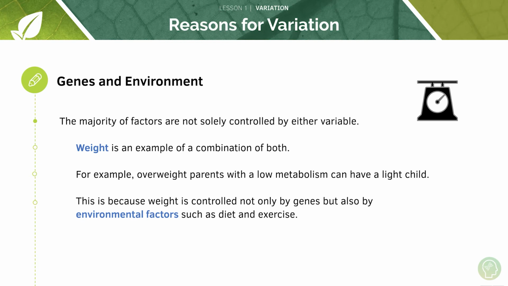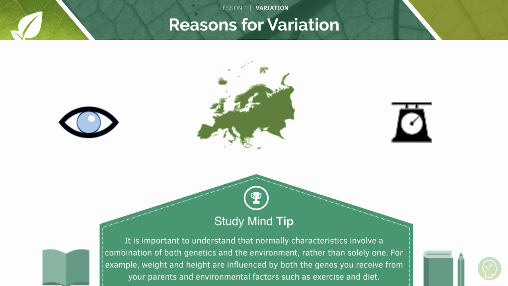So this is because weight is controlled not only by genes but also by environmental factors, diet and exercise. So it's important to understand that normally characteristics involve a combination of both genetics and the environment rather than just genetics or just environment. Okay, so make sure you ingrain that into your head. So our reasons for variation are genetics, environment, but also a combination of the two.